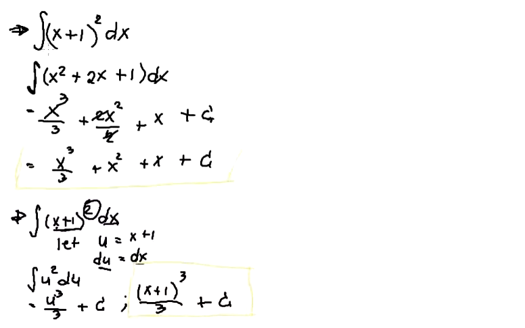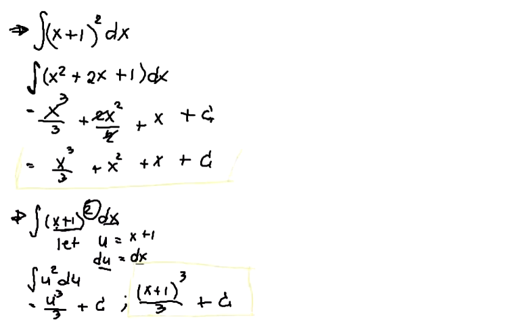First, we simplify this using algebra, and then the second one, we change variable, so we let u equal this term, then du and dx, and then substituting values, then we come up with this final answer.